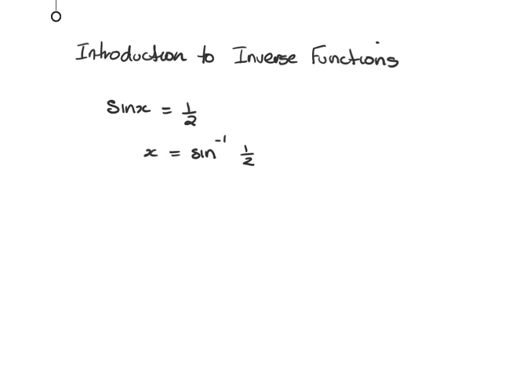For example, if you knew you had x as pi on 6 and you were taking the sine of pi on 6, you would get an output here of a half. So I'm going to call this input, and we would get this output.